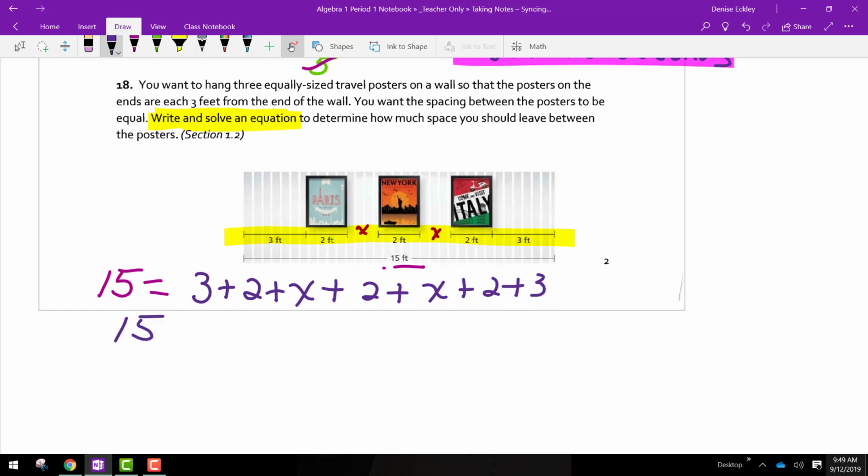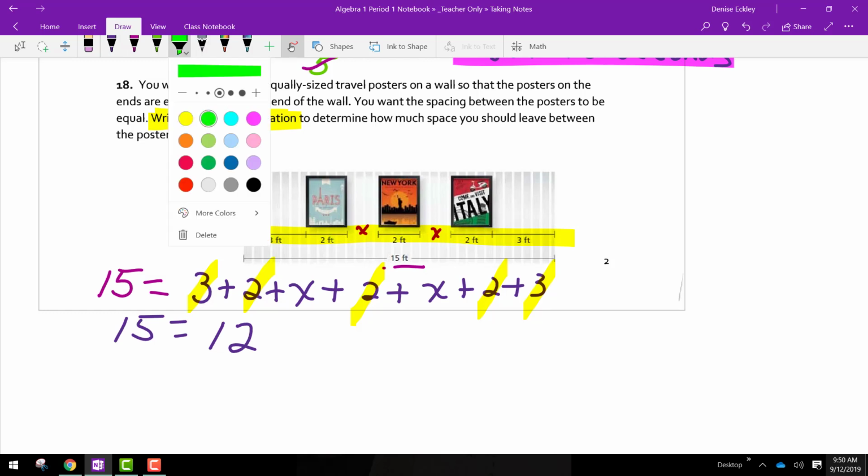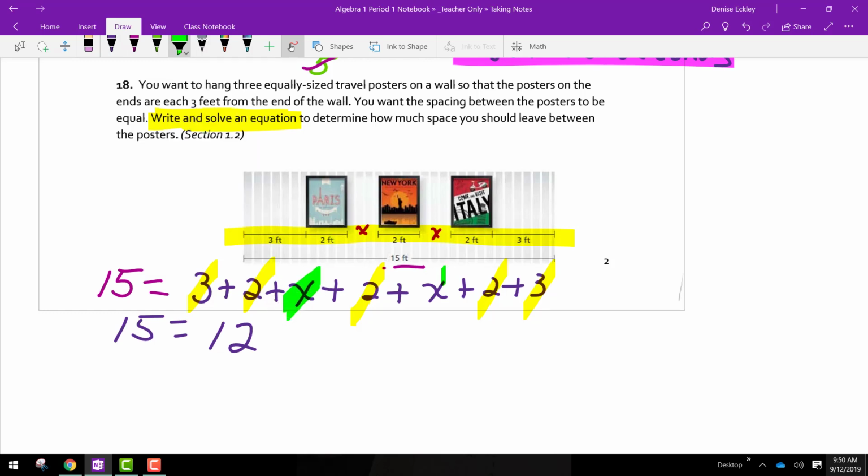So putting all those feet together, I'm going to add the 3, the 2, the 2, the 2, and the 3. And when I add those all together, I get 12. And then I also have x and x. So I have plus 2x.